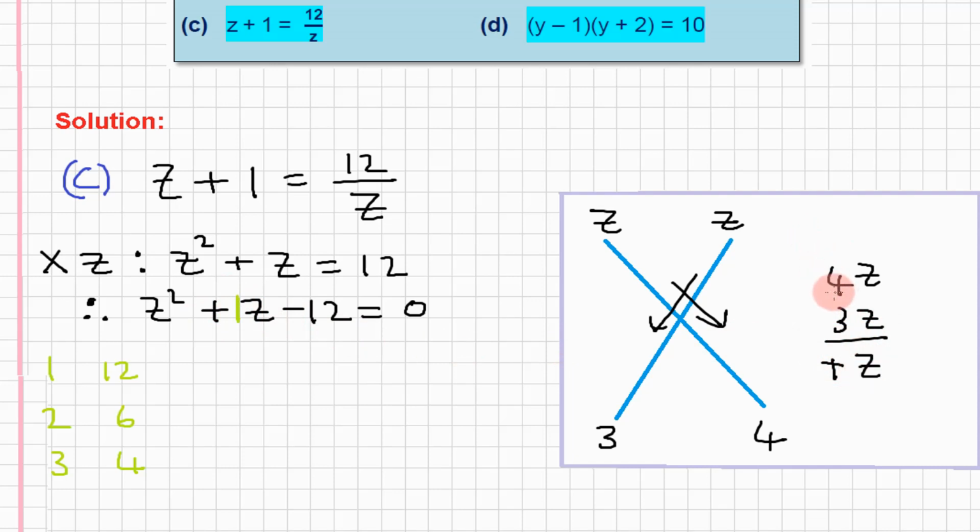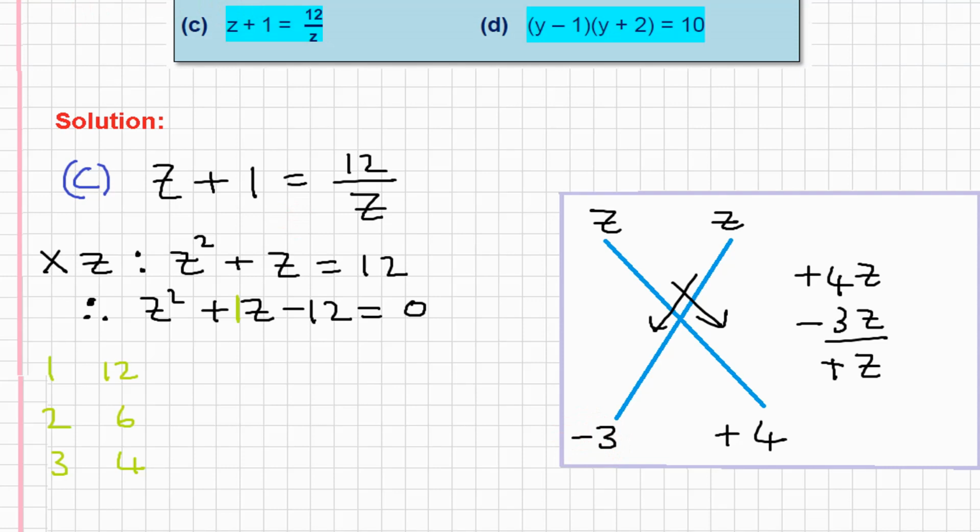The only way that 4 and 3 will give us positive 1 is if the 4 is positive and the 3 is negative. Of course, we got 4z by saying z times 4, and 4z is positive, so we need a plus here. We got 3z by saying z times 3, and 3z is negative, so we need a minus here.